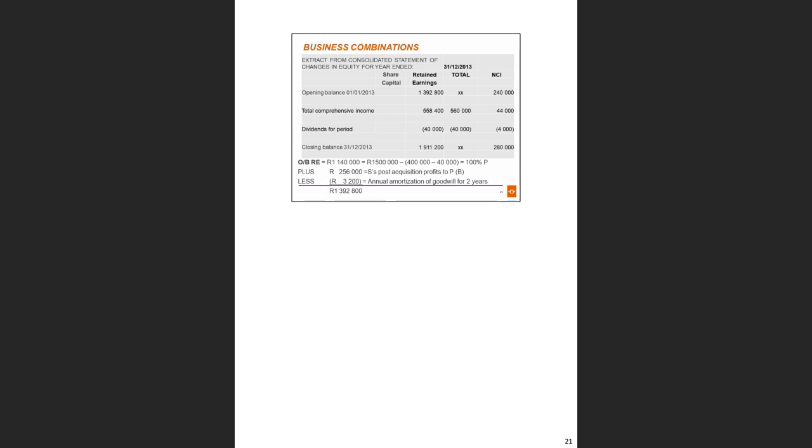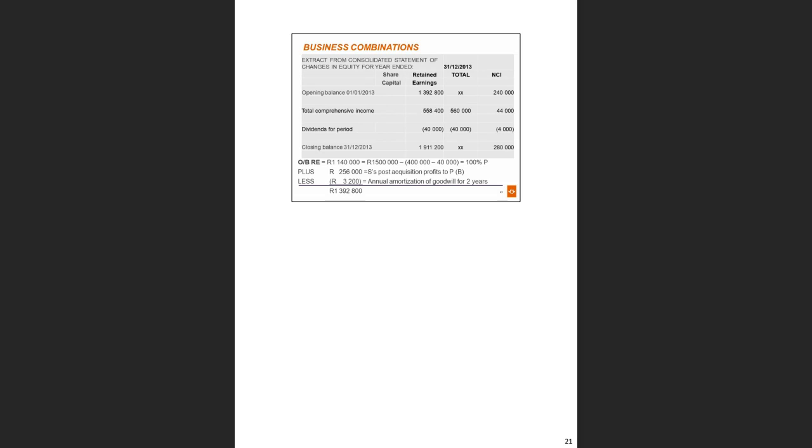Then we need to assess, well, what portion of S's retained earnings can we include in here? S's retained earnings, we also need to add in here. So this is going to be 256,000, and that should come from your analysis of owner's equity statement. But remember, S in the opening balance here is not going to include the current year profits.